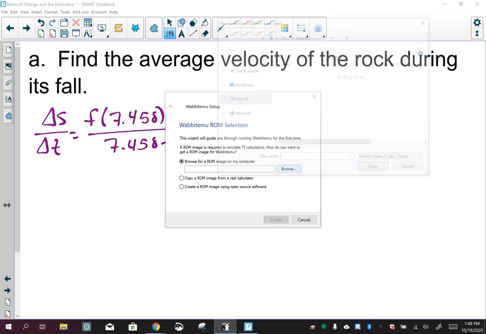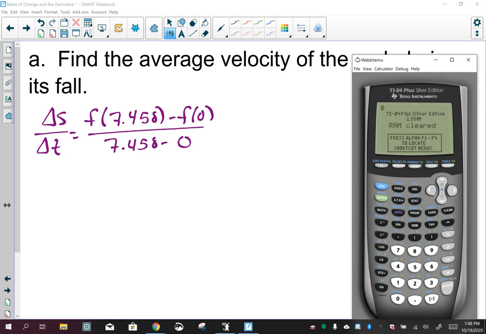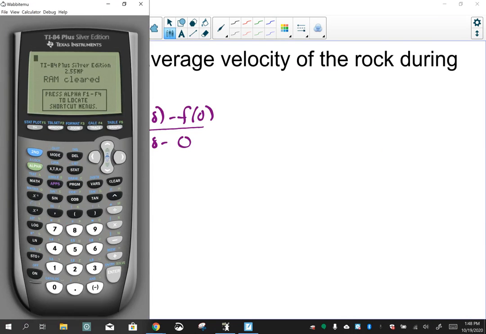What you do when you want to use your calculator for this is you come in here, type 16x squared, and hit graph. I want to look at 7.458.